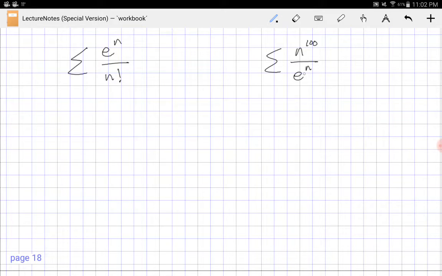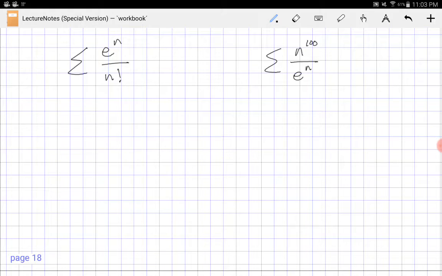When n goes to infinity, the limit of n to the 100 over e to the n, does it go to 0? Yes, it does. And does e to the n over n factorial as n goes to infinity go to 0? It also does. So my divergence test is inconclusive.